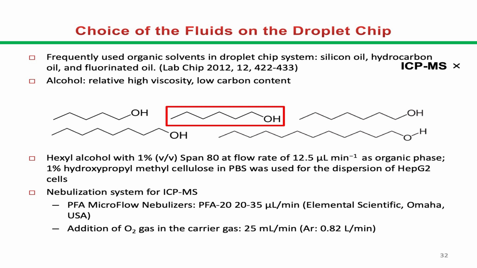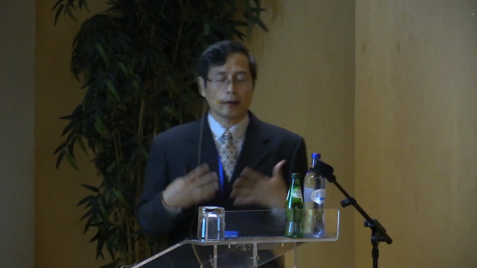Normally, for a droplet chip, organic solvent with a large number of carbons is used. In this case, it's not suitable for ICP-MS detection. So we try to find a suitable organic solvent with a low number of carbons.